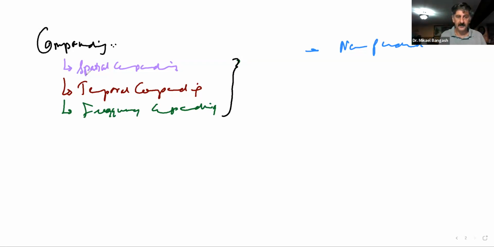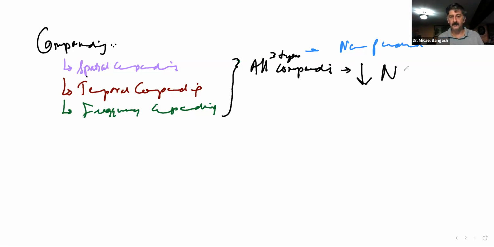It doesn't really matter whether we say spatial compounding or temporal compounding or frequency compounding, it's all compounding. What they have in common is that they reduce noise production. Is that clear?